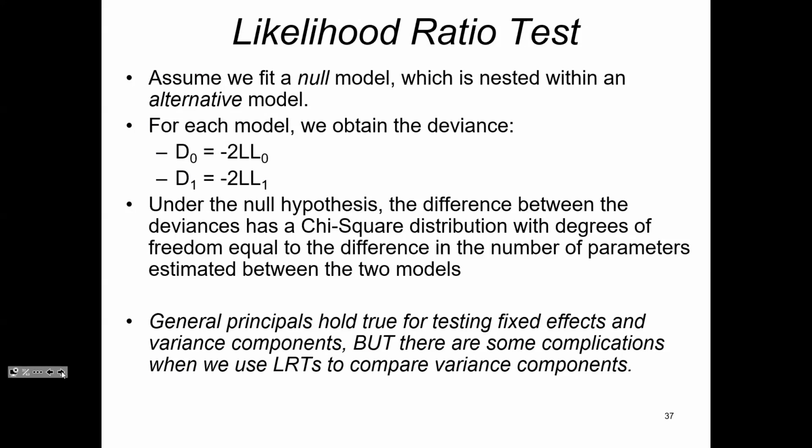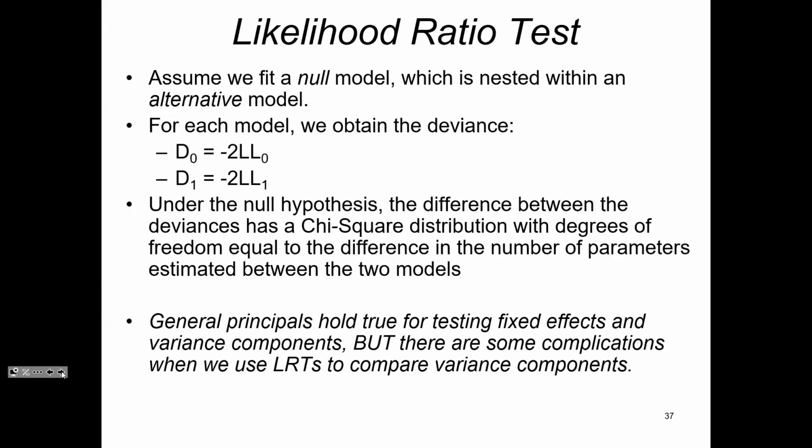The difference between those two deviances is going to be chi-square distributed with degrees of freedom equal to the difference in the number of parameters that you're estimating in the two models. For example, if I have a model with a randomly varying slope, and I take out that randomly varying slope in the other model, the difference in the number of parameters is going to be 2, because I'm not allowing the slope to randomly vary, so I'm eliminating a variance and a covariance.